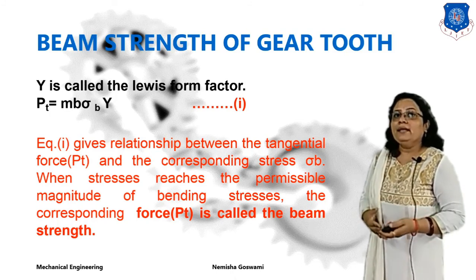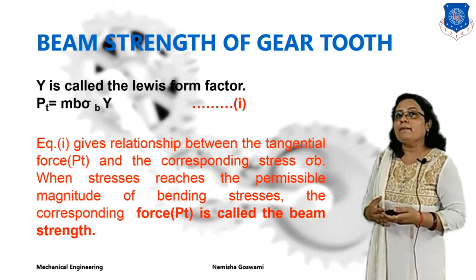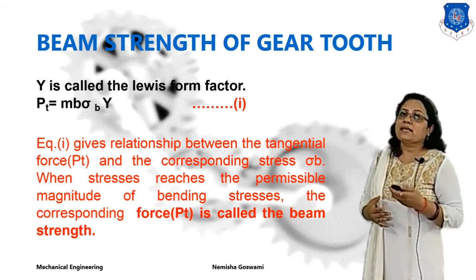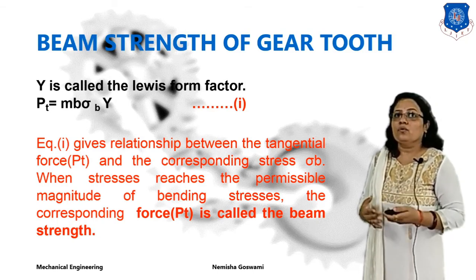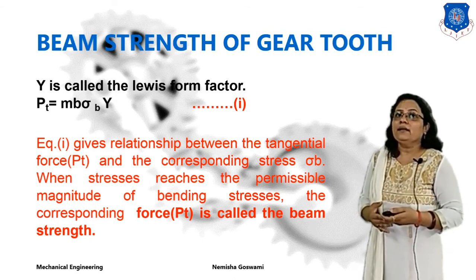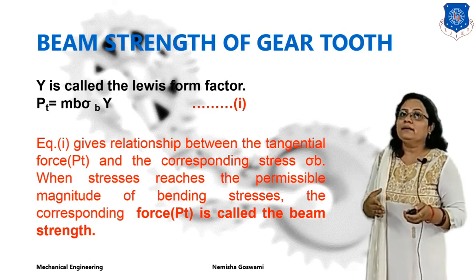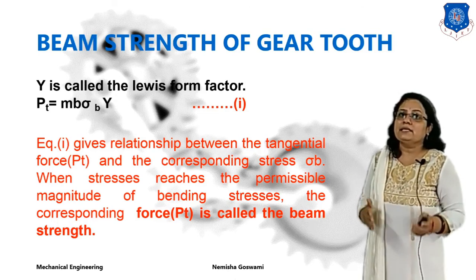Now, the maximum tangential load that the gear tooth can carry is known as the beam strength, or the capability of the gear tooth to take the maximum tangential load.